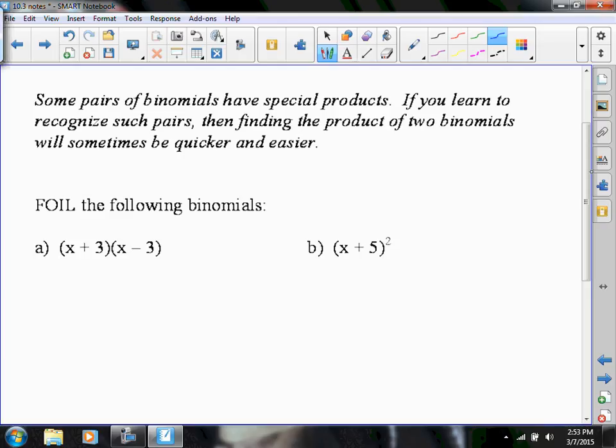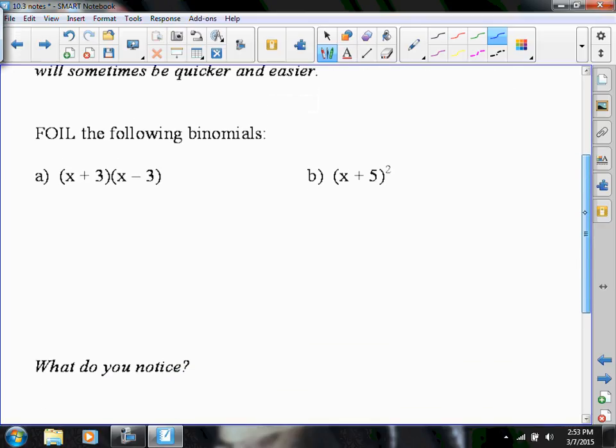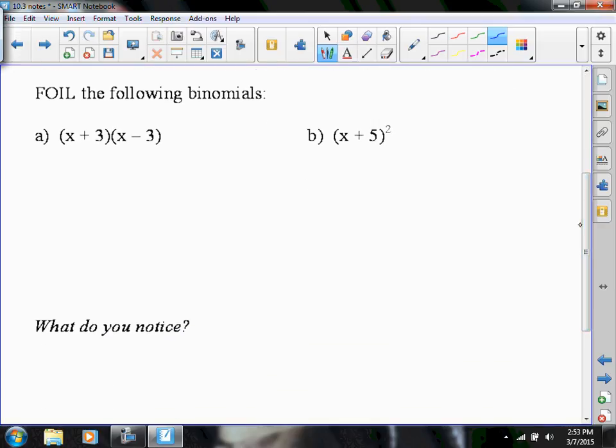So we're going to take a look at a couple of basic binomials that we're going to multiply. And remember, we're going to FOIL here, but again, FOIL is really just distributing. So just think of this as double distribution.